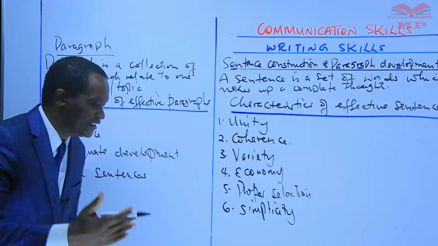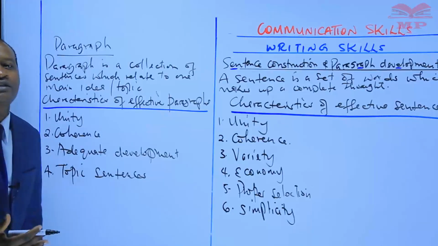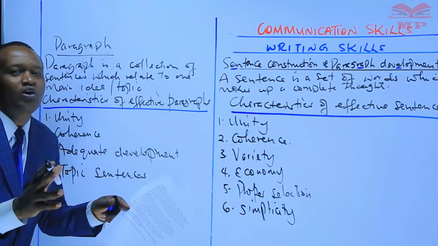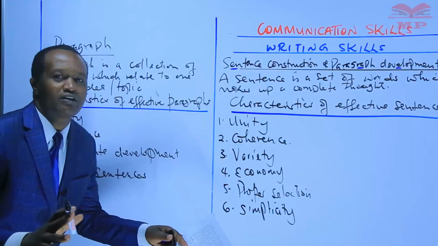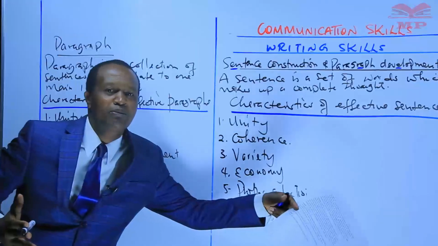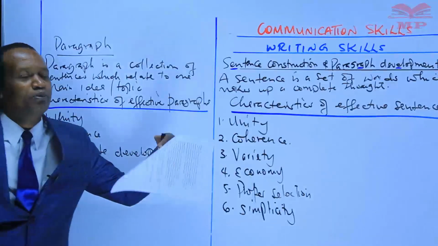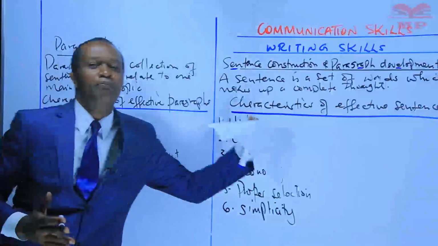And an effective topic sentence typically contains only one main idea, and the remainder of the paragraph then develops that idea more fully, offering supporting points and examples.